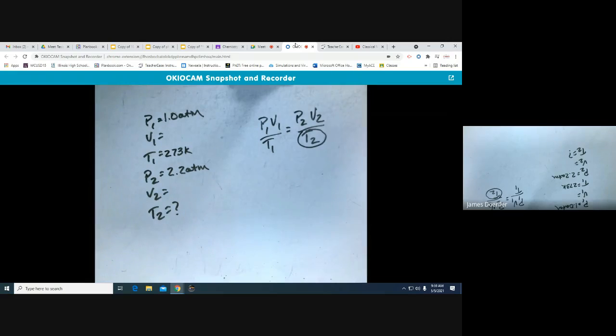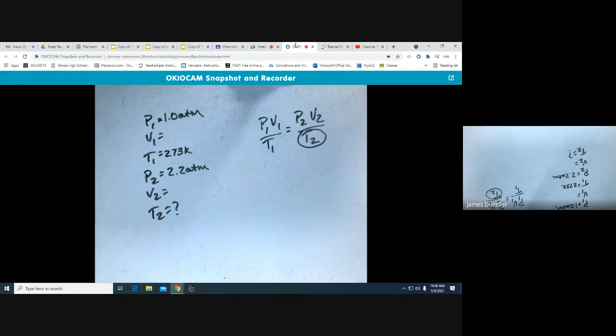So we are missing some information. We are not told what our volume is directly. But what we do know is, we can use our initial information because we're given enough initial information as well as the number of moles present.